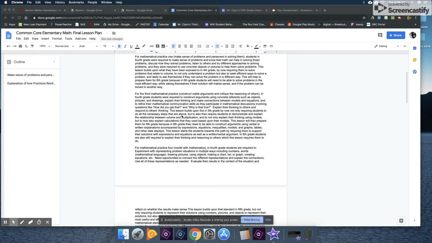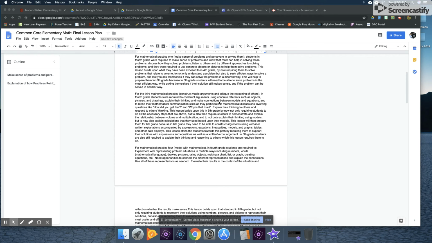For the 3rd mathematical practice, constructing viable arguments and critiquing the reasoning of others, in 4th grade, students are required to construct arguments using concrete objects, pictures, and drawings, and explain their thinking and making connections between models and equations to refine their mathematical communication skills as they participate in mathematical discussions. Well, this lesson requires them to do all of that using their Unifix cubes, using their grid paper.